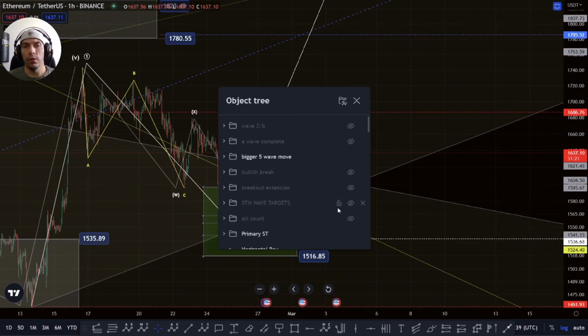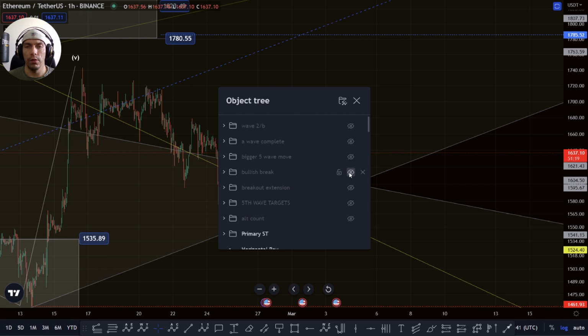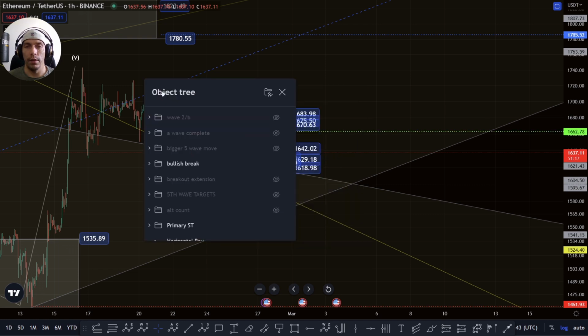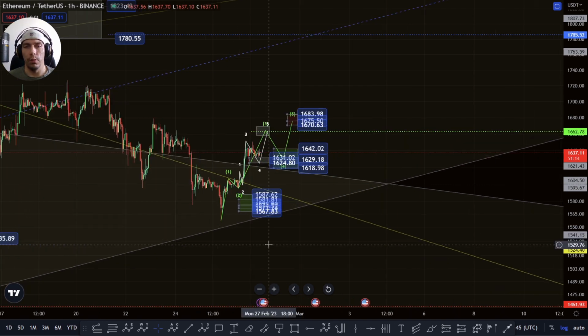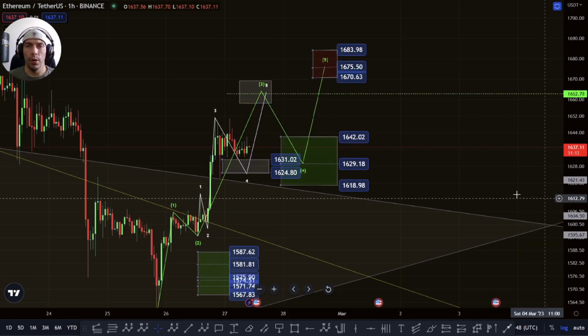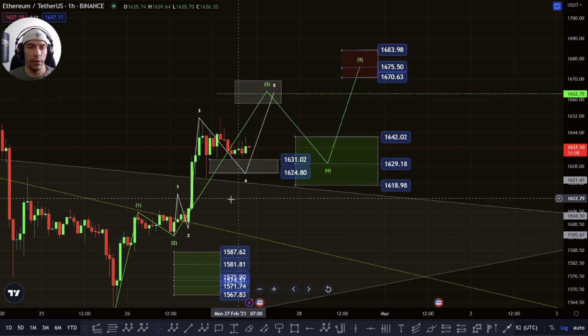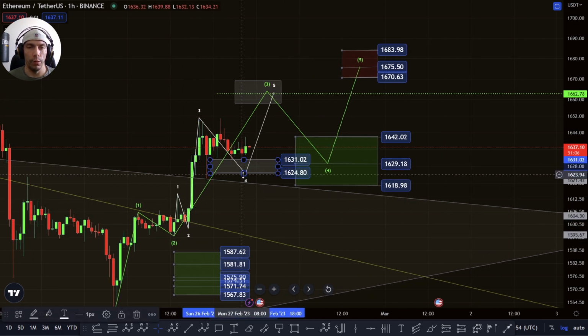Within the internals of this move, there are two ways that I'm looking at it, and this is the way that we were talking about yesterday. We haven't quite reached that 1618, which we were looking for, that 1662, but it is still possible that we could be within a fourth wave here.